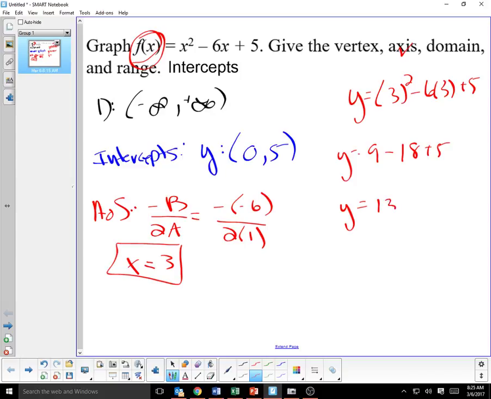So y is 13 minus 18. Therefore, y is negative 5? No? What did I mess up? It's negative 4, because 9 minus 18 is negative 9 plus 5. This should be 14. That should be negative 4. Good looking out.